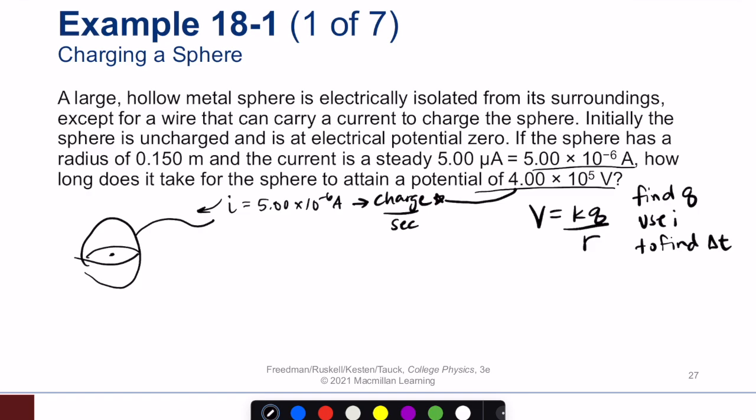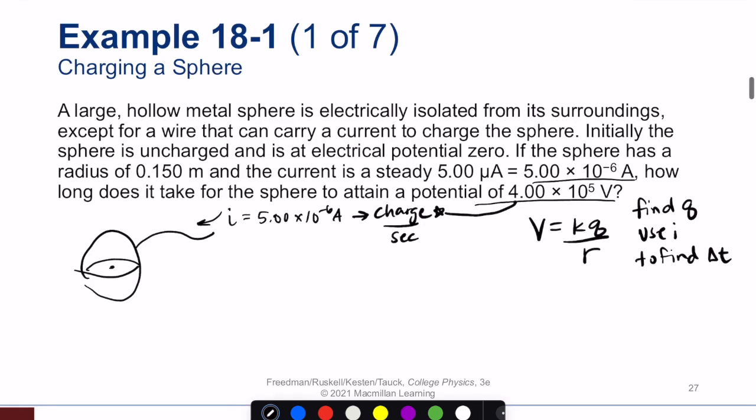This is maybe something that we didn't go over specifically in lecture for chapter 17, so I will just tell you the result now. If you have a sphere, the value of the potential at the surface of the sphere is identical to the potential produced by a point charge a distance of r away. We know V of a point charge is equal to kq over r, where r is the distance from the point charge and q is the point charge.